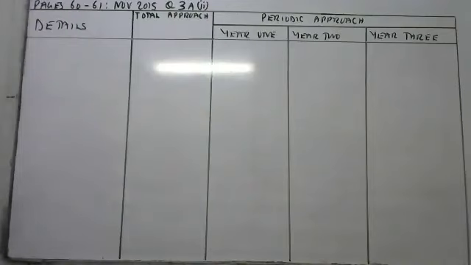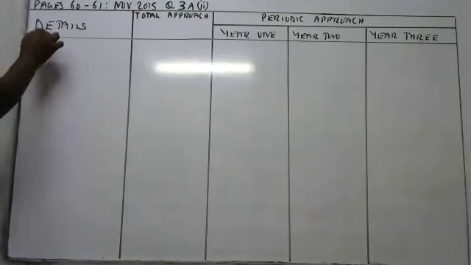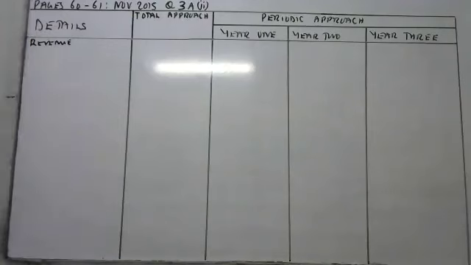Now, the first thing will be revenue. You bring revenue. In the total approach, you combine, so add those revenues: 900 plus 1800 plus 2400.